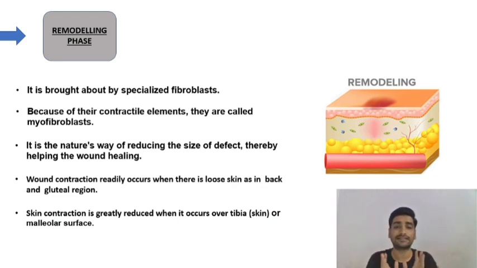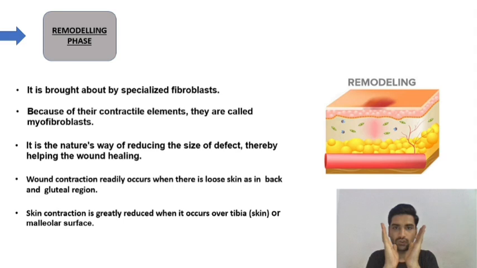Okay, so now these contractile elements are going to contract. So as you know, there is abundance of fibroblasts present everywhere. So directly there will be abundance of myofibroblasts also. So when there will be abundance of myofibroblasts, there will be contraction of the wound. Now why does this contraction of the wound occur? This contraction of the wound occurs because it is nature's way of reducing the size of the defect, right?